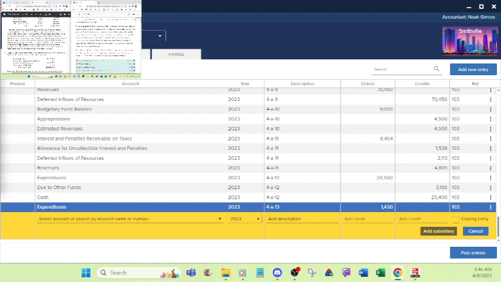They didn't tell us the amount of supplies purchased or consumed. They told us the beginning and ending balance of supplies.